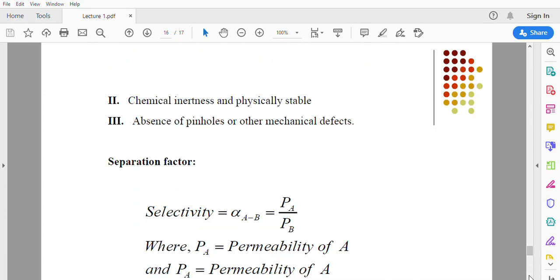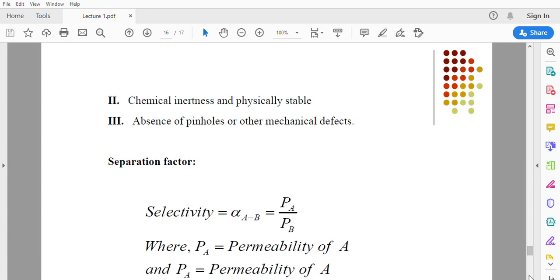Now the other properties required in the membrane: it should be chemically inert and physically stable. It should have physical strength also, and it should not react with the feed species.